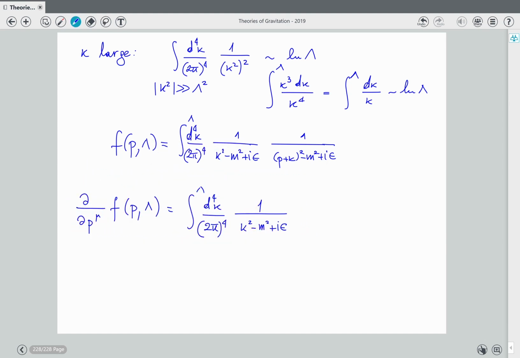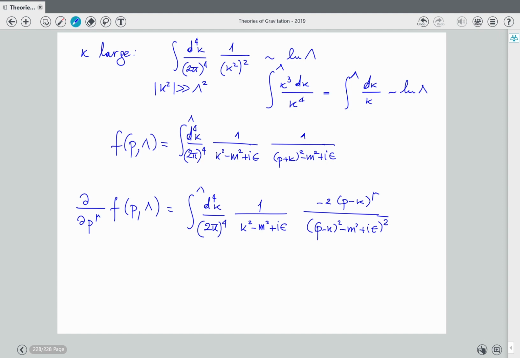So if you differentiate with respect to p, there you have the square of the denominator, and then you have minus the square, minus 1 over the squared, and then you have the derivative of that, and so you have this.